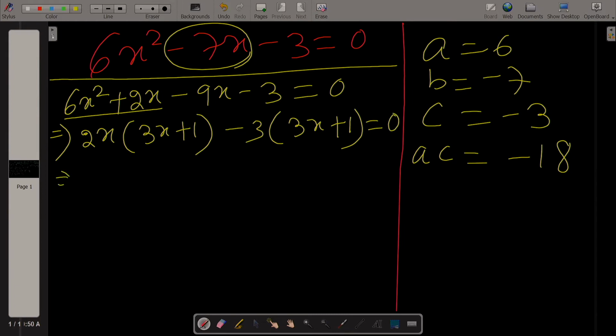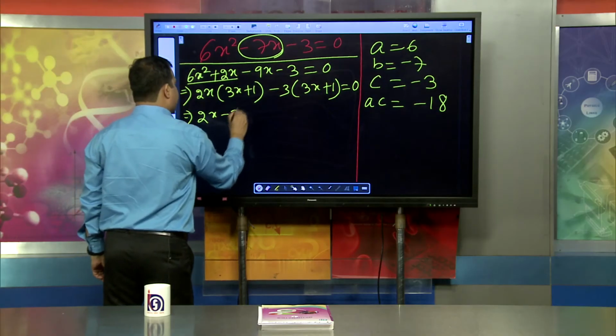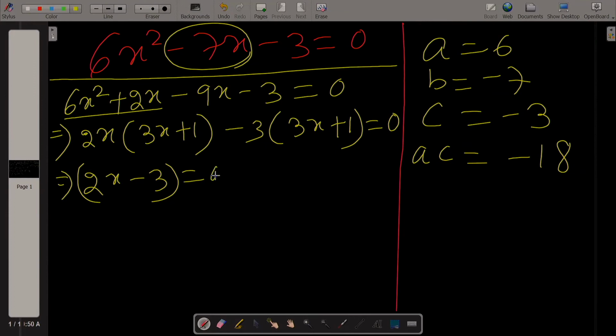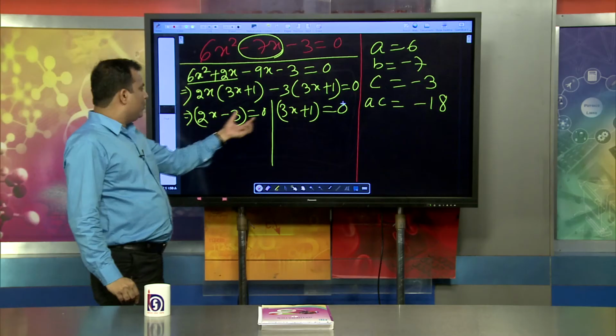So, I can write 2x minus 3 equal to 0, and the other part, 3x plus 1 equal to 0. I just formed two factors.